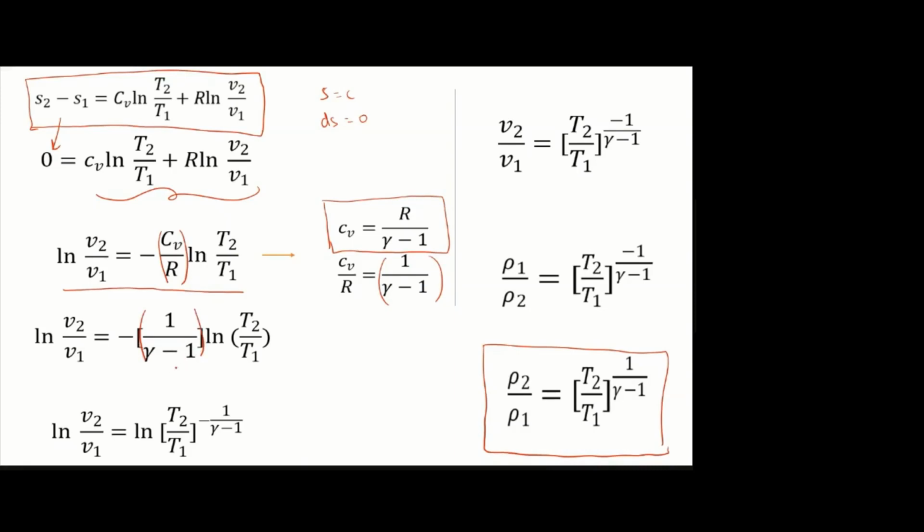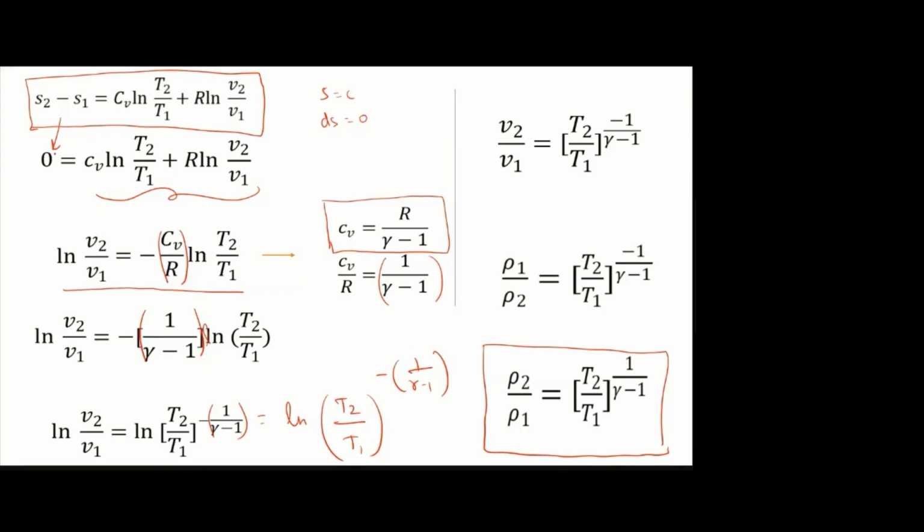Then, because I have natural ln, I can take this to the power. So ln V2 by V1 is equal to ln T2 by T1 power minus 1 divided by gamma minus 1. Like that I am changing. It is not looking properly here, so I have written it here.